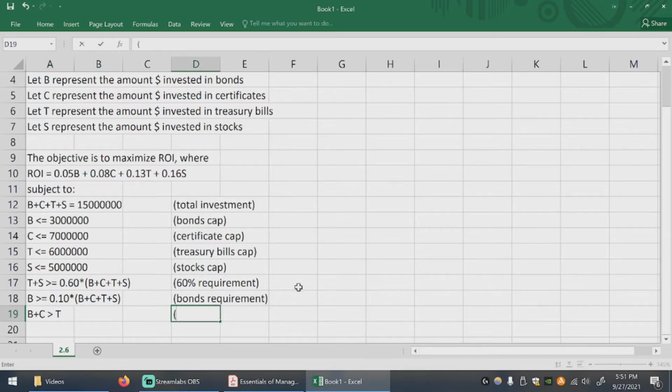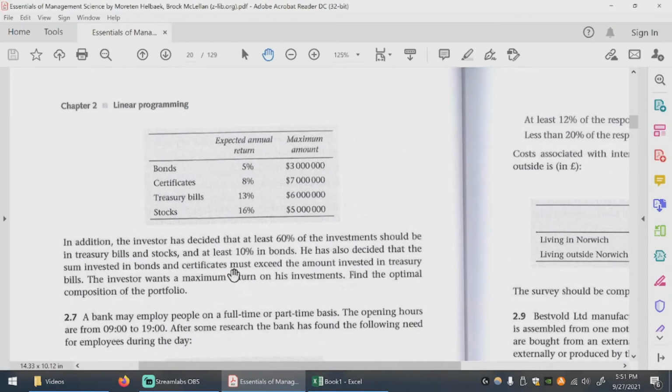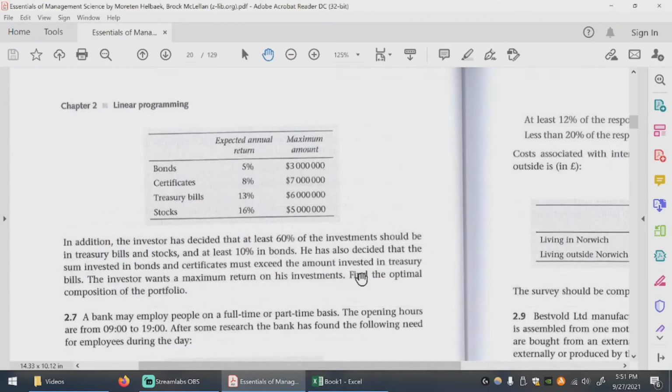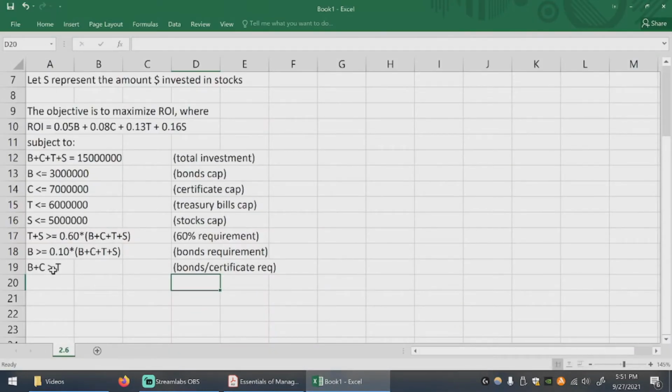I don't know. Bonds, certificate, requirement. It does not matter what you call it. Okay, let's check that. Does that make sense? The sum of bonds and certificates must exceed, greater than, the treasury bills. Okay.